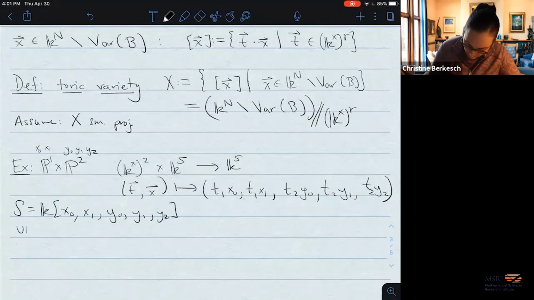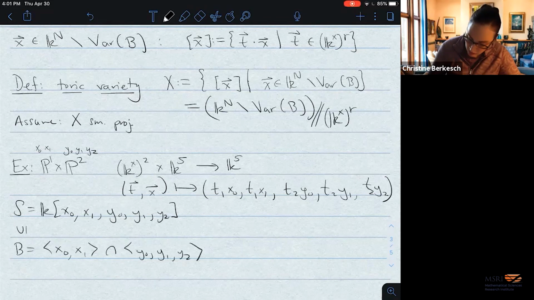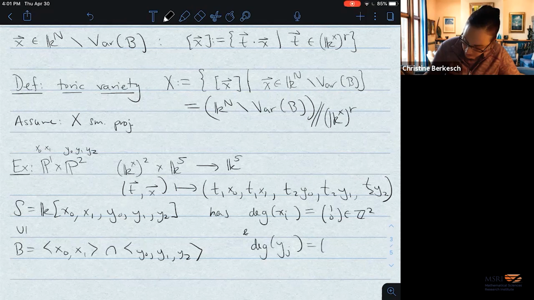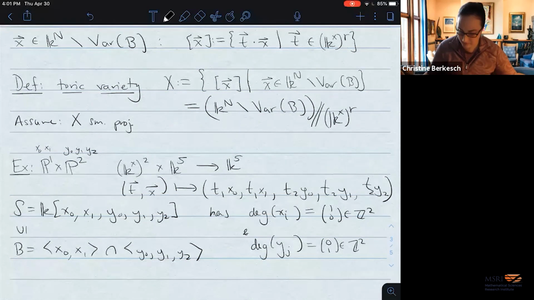And then, of course, the B in here, I need to remove what would correspond to the origin of each of the projective spaces. And my multigrading then is that the degree of the xi's is going to be the vector (1, 0) in Z^2, and the degree of the yj's is (0, 1). Right, so this is our setup.